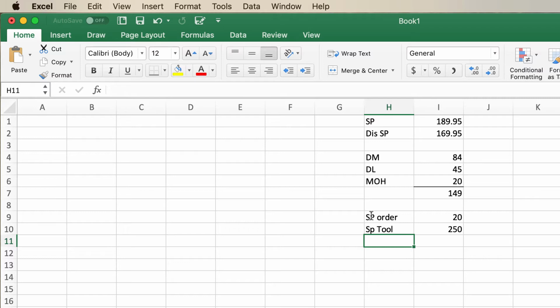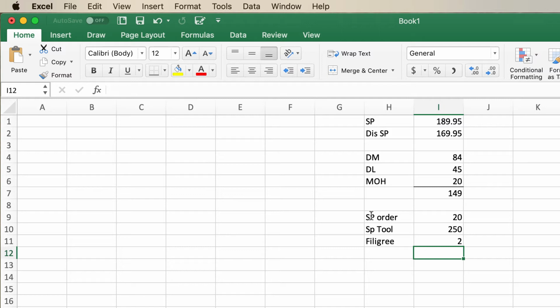And they tell us that if we do this special order, just for the additional 20 bracelets, our direct material cost is going to go up by $2 per bracelet. The material they're using is that filigree, and that's going to be $2. This is under the special order circumstance.